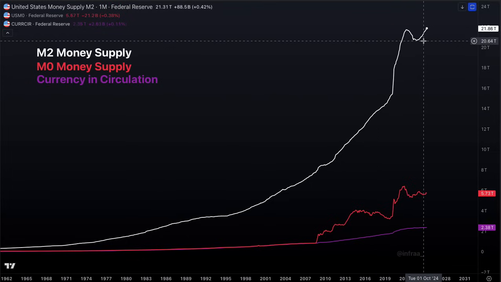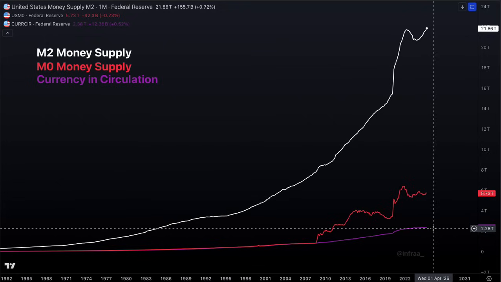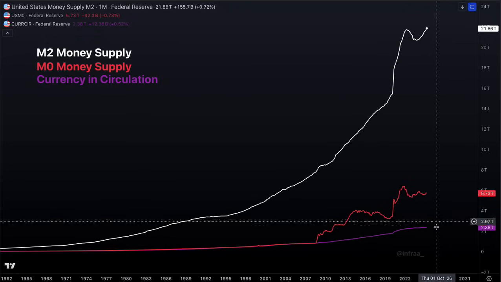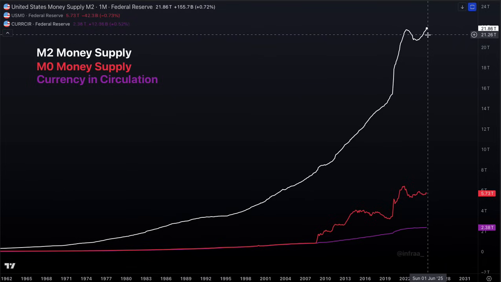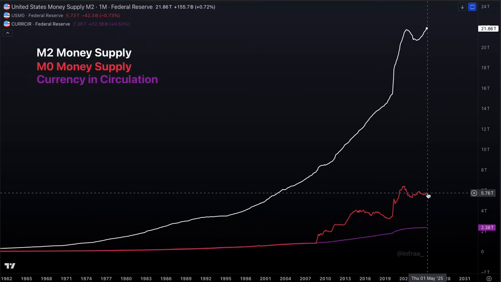Well, what do we see? It's $22 trillion. But we established the actual physical currency is only 2.3 trillion. What this means is that the amount of M2 is about 10x levered to the actual amount of physical currency, right? Or about 4x levered to the monetary base.